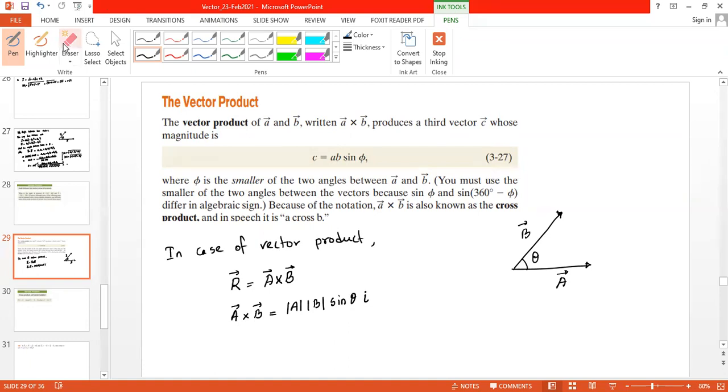Let's say the unit vector is R. This R will not change the magnitude because its magnitude is 1; if you multiply anything by 1, the magnitude will not change. It will just show you the direction of the product. So the multiplication of two vectors, A cross B, is equal to magnitude of A times magnitude of B times sine of the angle between them, multiplied by a unit vector R, where R is a unit vector.